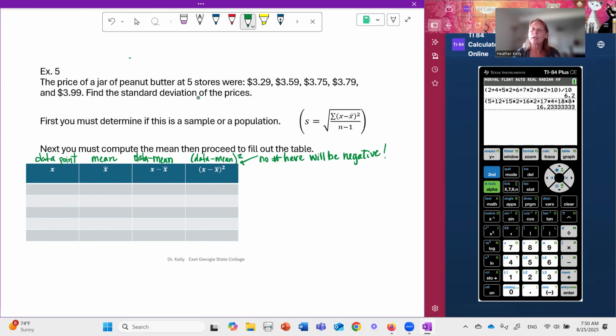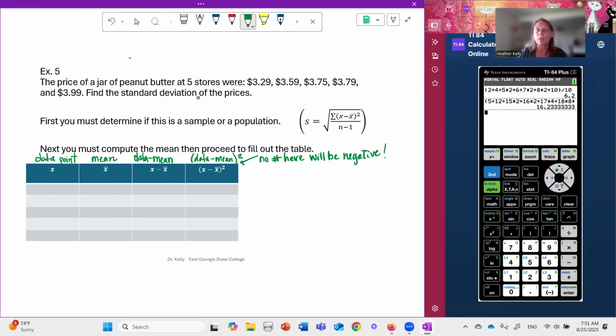You need to understand what's going on behind the scenes so you don't accidentally give me a negative number for a standard deviation. Standard deviations are always going to be positive. It describes the distance variation of every data point from its mean.